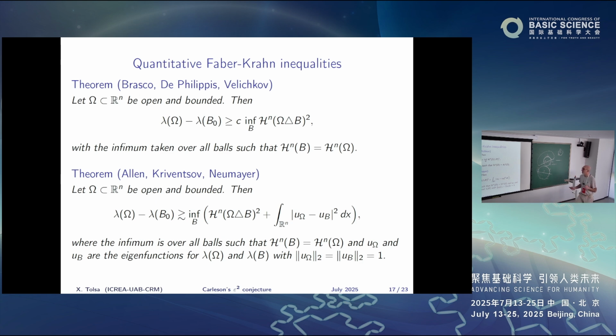And by the way, it turns out Allen-Cribens of Neumayer also have shown that the same result is true when one considers domains in the sphere, and when one replaces the Laplacian by the spherical Laplacian.